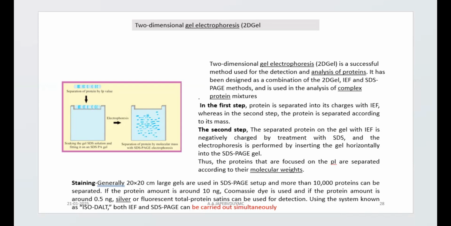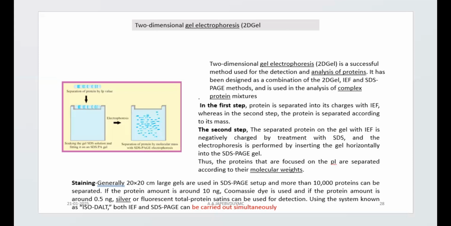Gels which are 20 centimeter by 20 centimeter large are generally used in this setup, and more than 10,000 proteins can be separated on such a gel. Another beauty of the technique is that even a protein sample quantity of around 10 nanograms is enough to give you the data and efficient analysis.